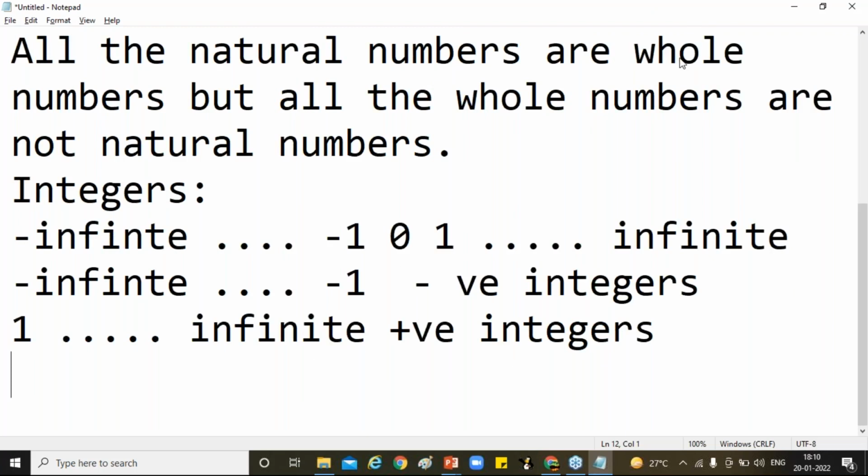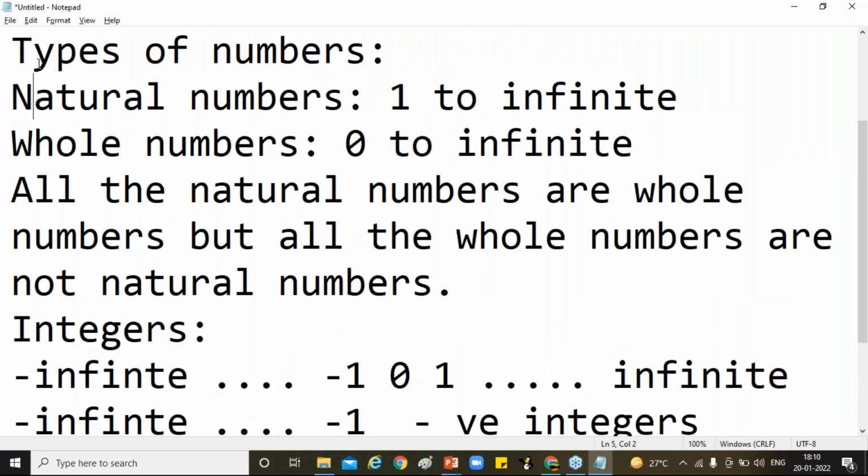Okay, write down. Please maintain separate notes. Very basic points. First of all, please focus.